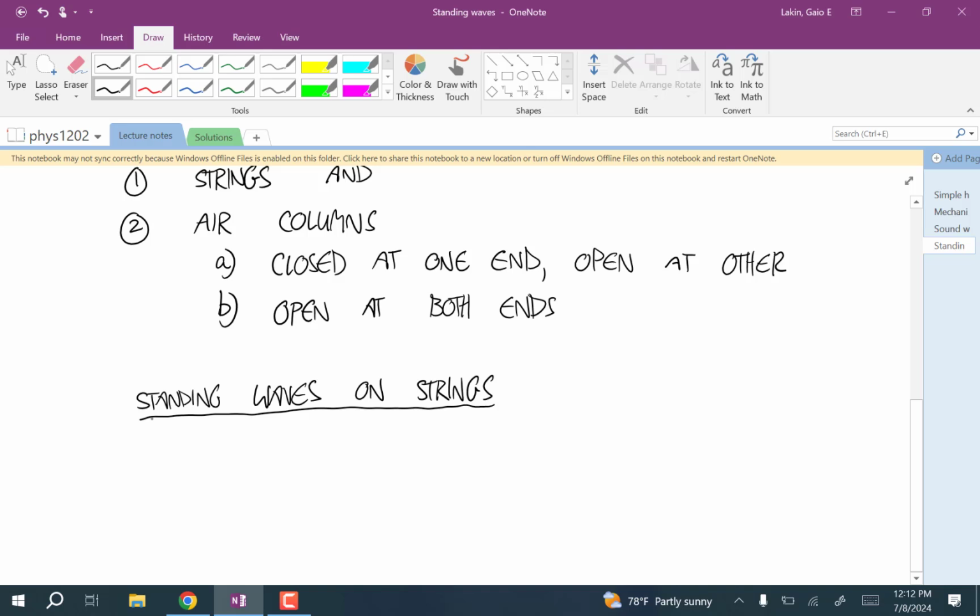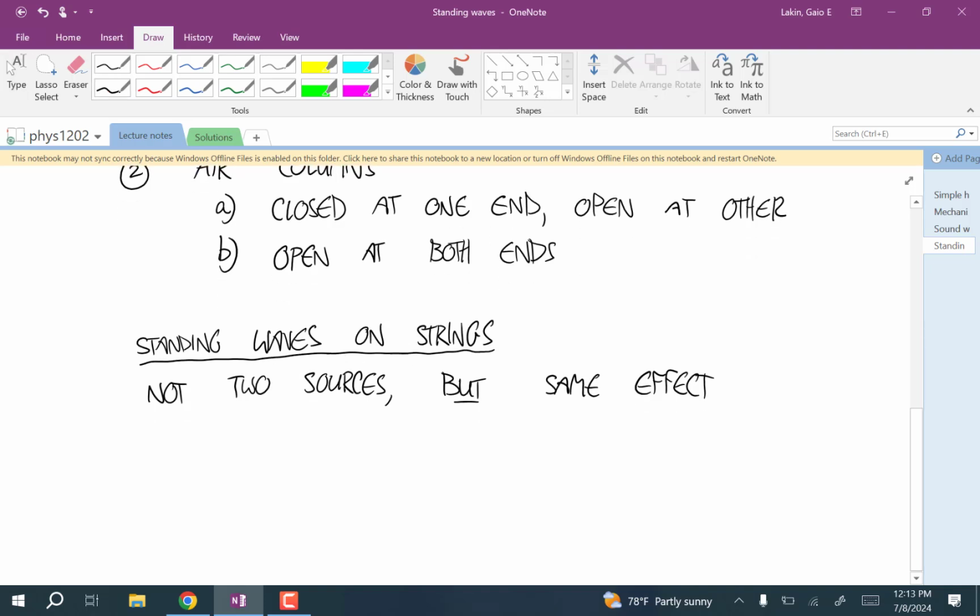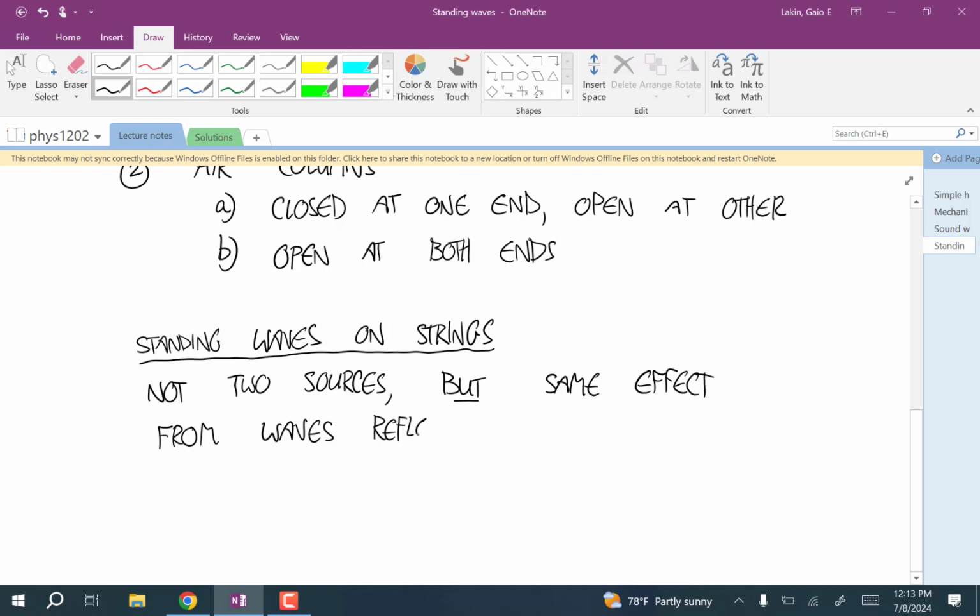And in standing waves on a string, there are not two sources, but you get the effect of two sources. And you get that same effect from the waves reflecting at the two ends of the string.